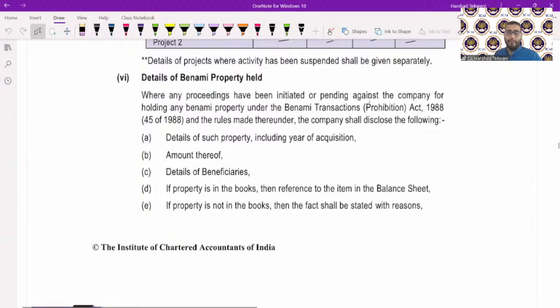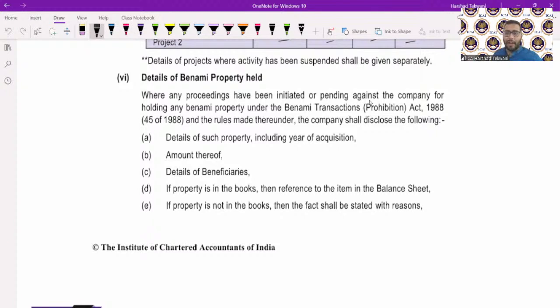Then details of Benami property. Benami property means properties that are not held in the real owner's name. There is a definition provided under the Act, but to simplify, it is a property in the name of Mr. X, but Mr. X is fake. He's not present, not a real person. So that's a Benami property. This is a hypothetical example, simplifying the thing, but there is a definition given under the Act itself, and you need to refer to the Act for the detailed definition.